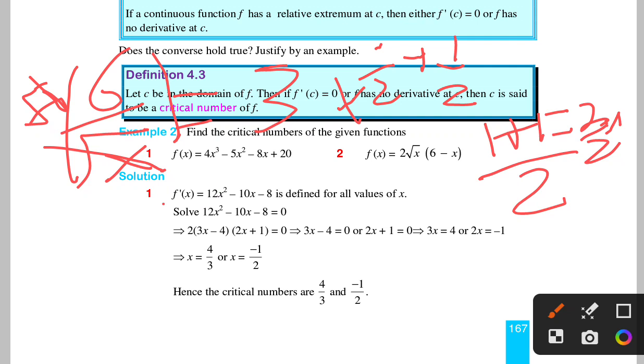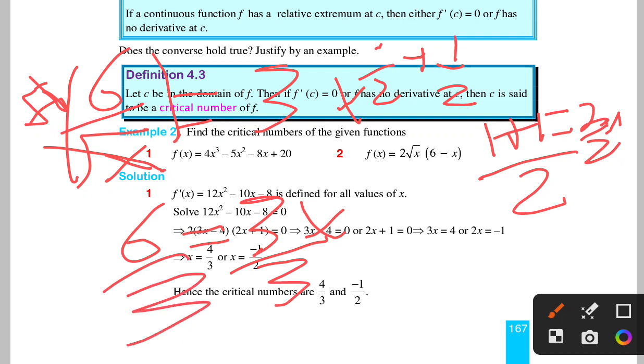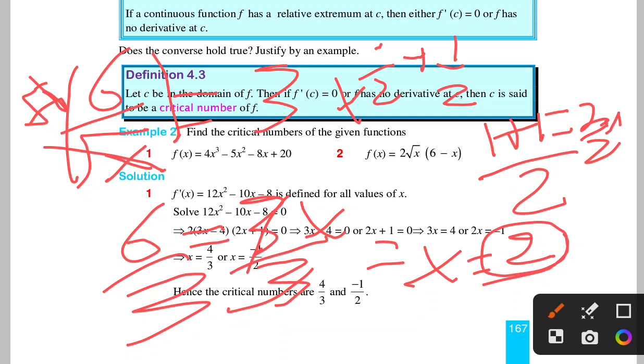Due to this, 6 equal to 3x. Let me divide it by 3. 3 by 3 is cancelled out. We got x equal to 2. The denominator in critical number is 2, but this function doesn't exist at x equal to 0, because the denominator doesn't exist.